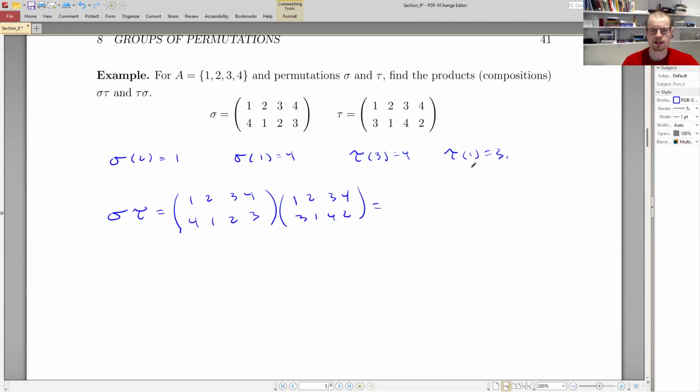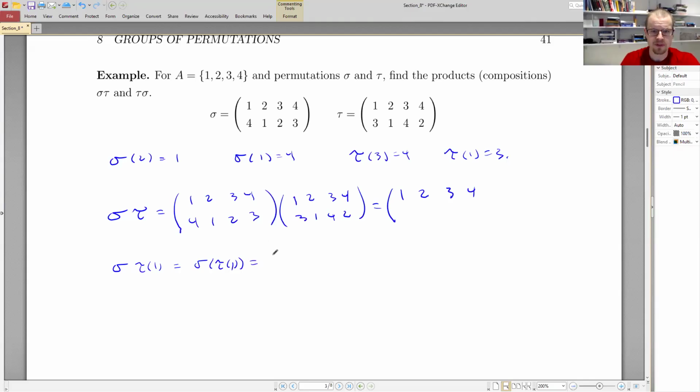If I want to combine these, I look at what happens to each element, element-wise, you could call it. So 1, 2, 3, 4. When I evaluate sigma tau of 1, I recognize that this is sigma of tau of 1.